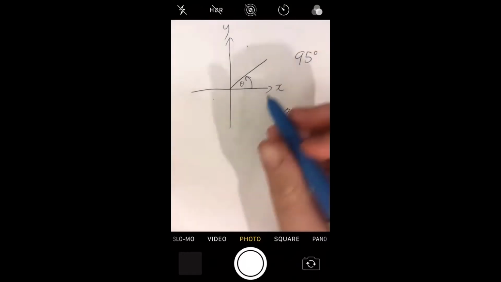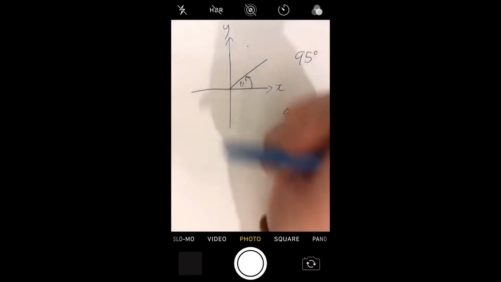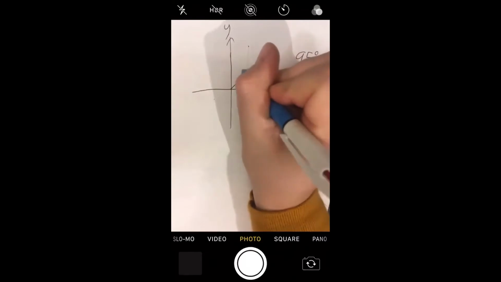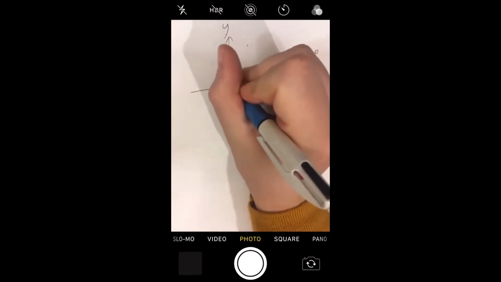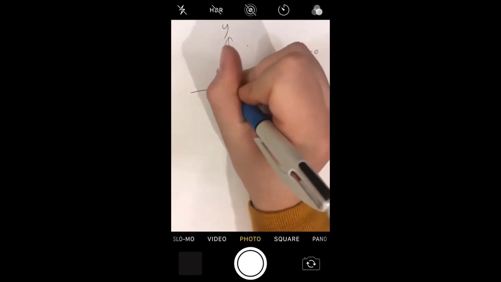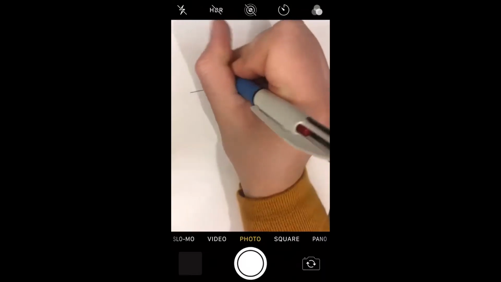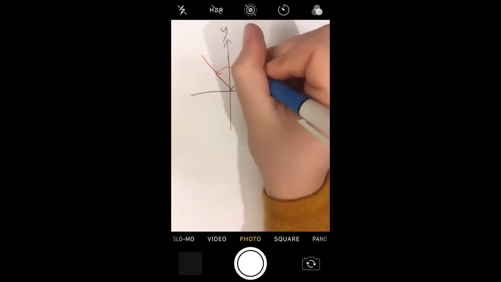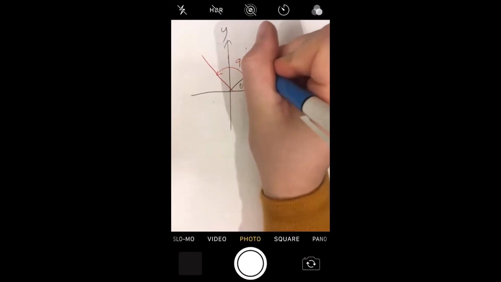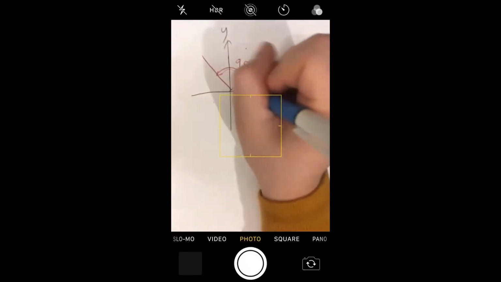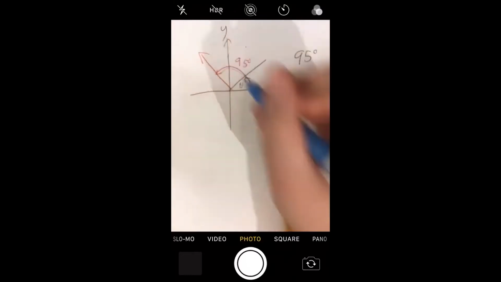Well, if I measure 95 degrees from the horizontal, that's going to be so far around, it's actually going to be here. It's actually going to go the wrong way. 95 degrees is going to go this way here.